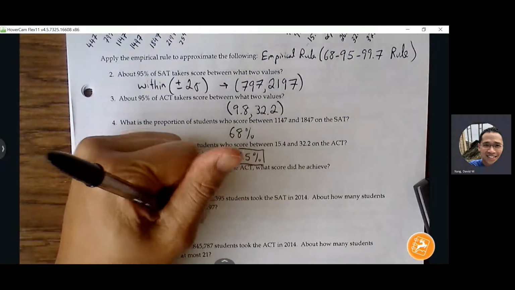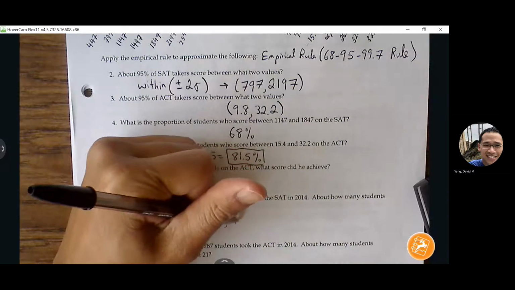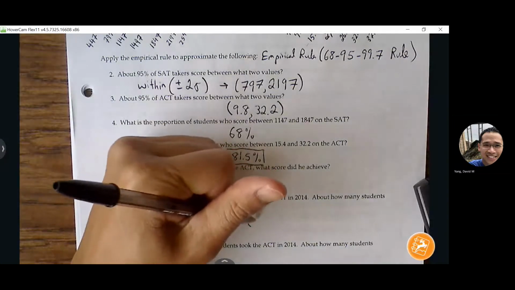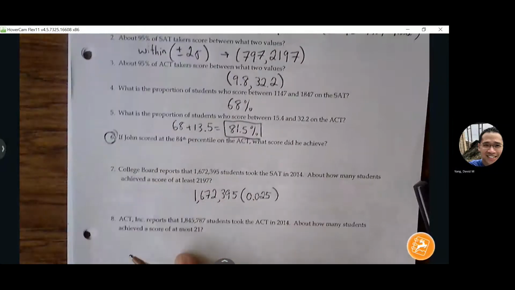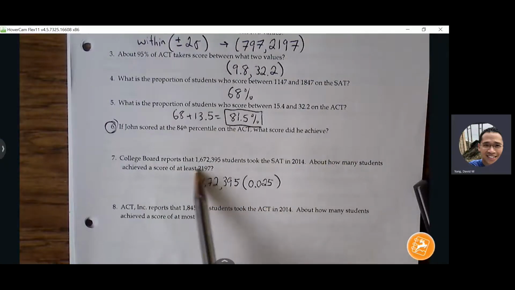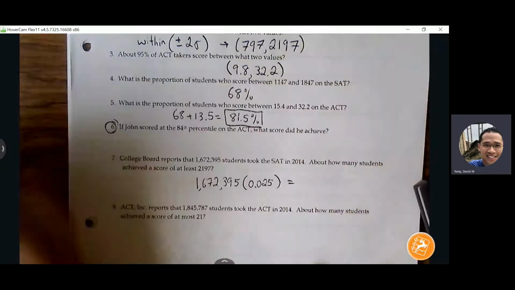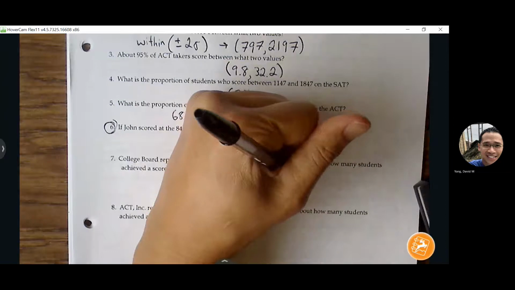So I only want to do 2.5% of everyone who took it. That'll tell me how many students, based off of this normal curve.